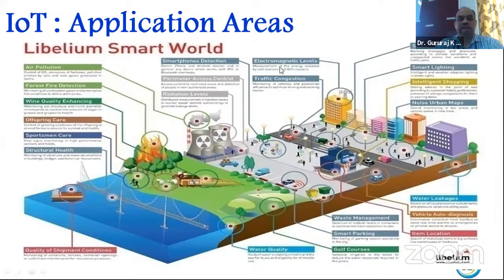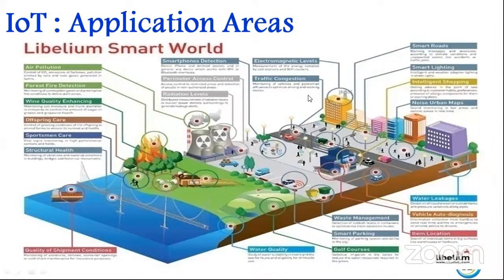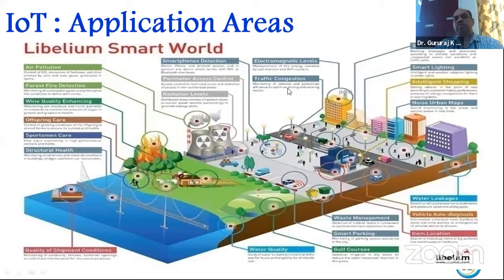We have electromagnetic levels and traffic congestion. We had one question in the morning session regarding monitoring of traffic congestion. Nowadays whenever there is a traffic light, we see people trying to rush towards the signals and cross at a faster pace when we have a green signal.